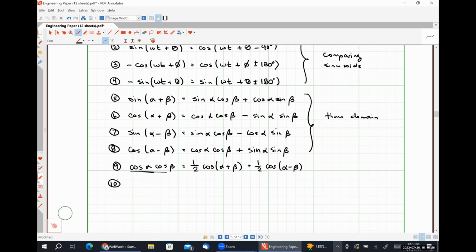And then lastly, we have a very special one called Euler's identity. And it relates sinusoidal functions to complex numbers.